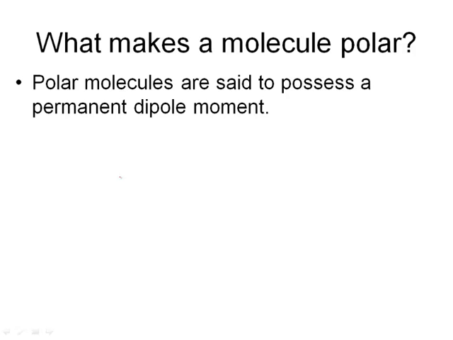So to get an understanding of why there's a difference between the melting points and boiling points of one chemical compared to another chemical, let's look at the polarity of molecules and the dipole moment of molecules.